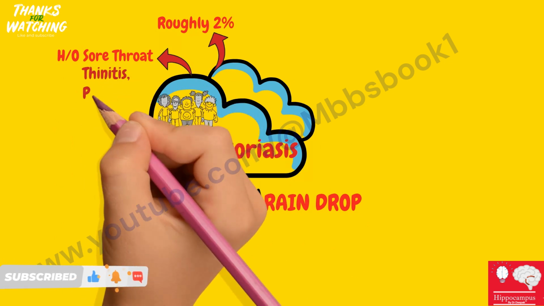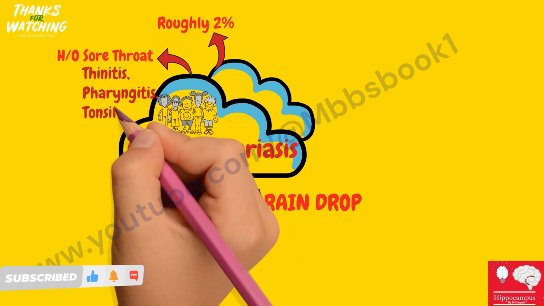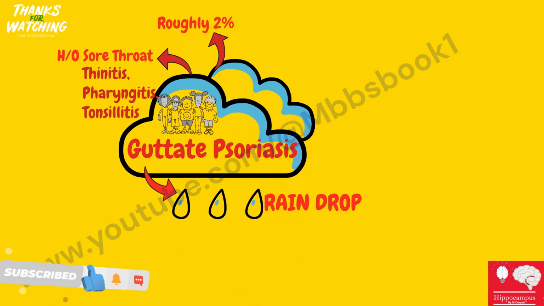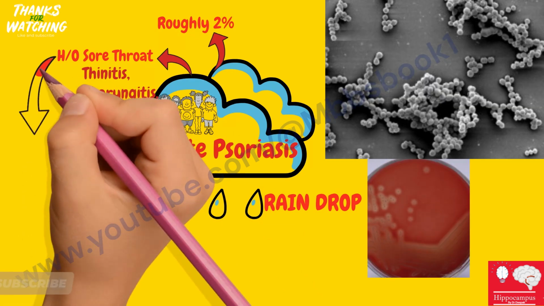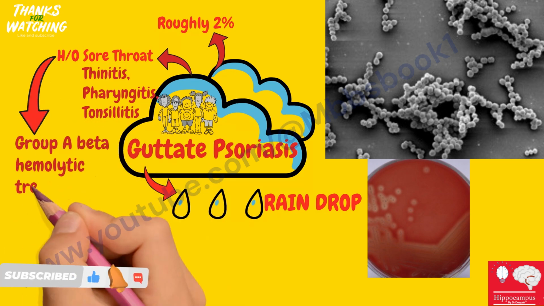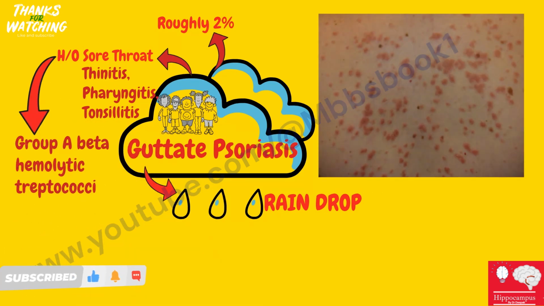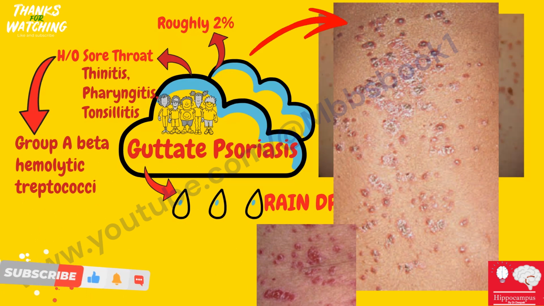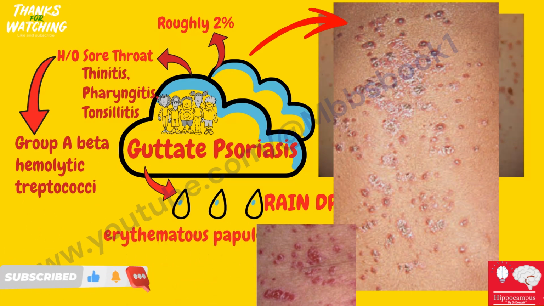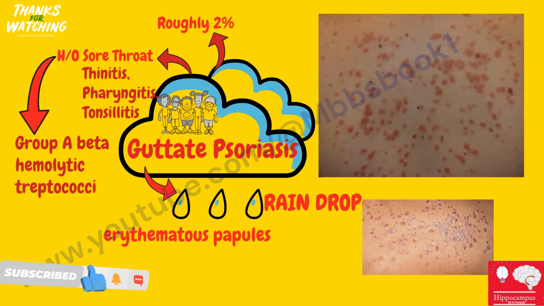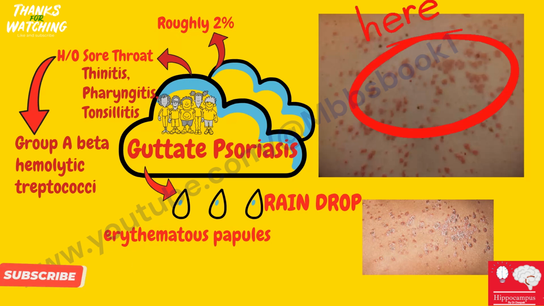So when I say history of sore throat, that means pharyngitis, tonsillitis, or we can say URTI, upper respiratory tract infection. It implies group A beta hemolytic streptococci infection. It is characterized by tiny raindrop-like erythematous papules erupting abruptly in a centripetal fashion and distributed symmetrically over the trunk. The palms and soles are usually spared.